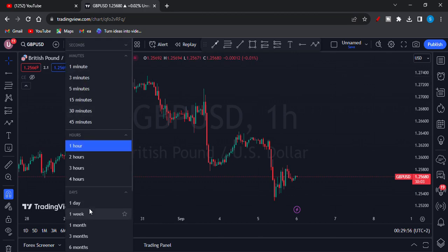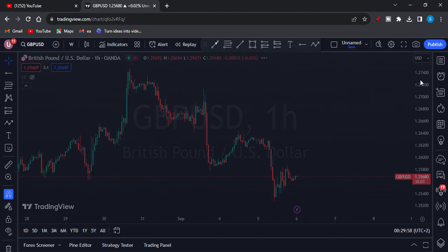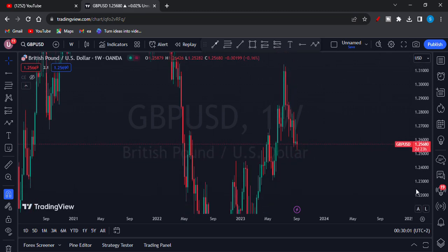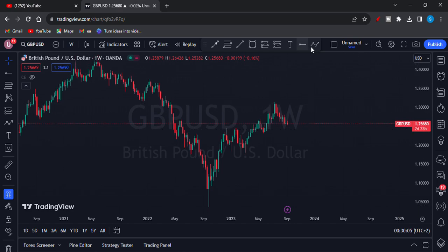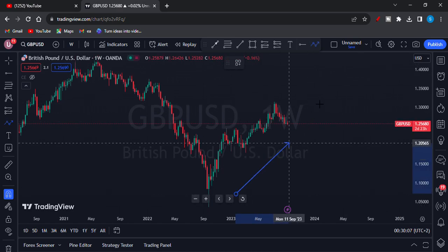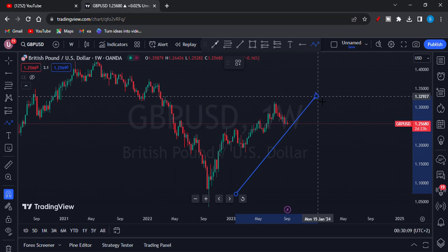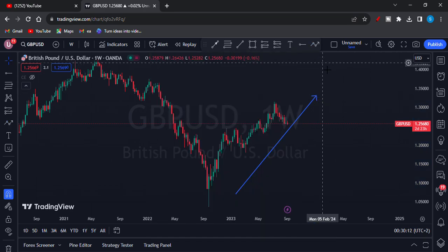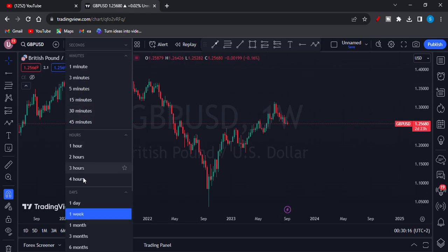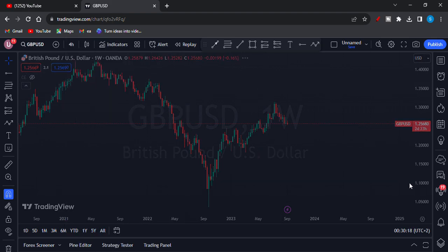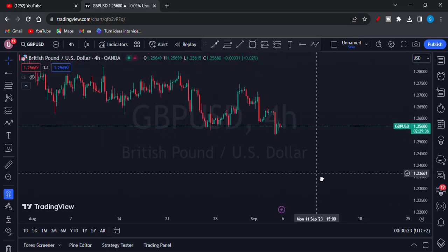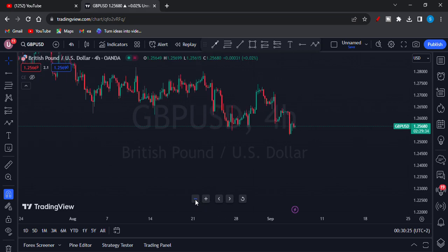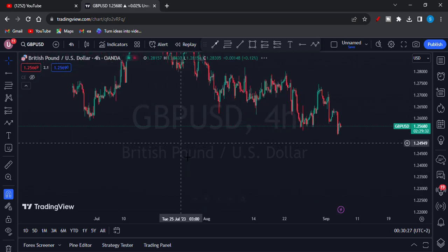And then on a weekly, the overall trend for GBPUSD is on an uptrend. And then let's go to the 4-hour. Let me just track this.